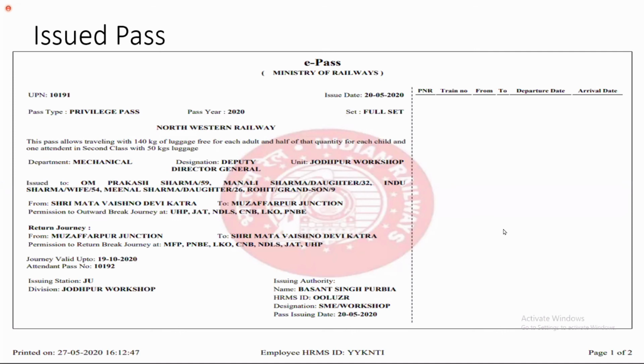What you see: PNR, train number, from, to, departure date, arrival date, etc. All the details appear, from one station, then further onward journey to others. All those things are reflected here, the reservation done on this particular pass.